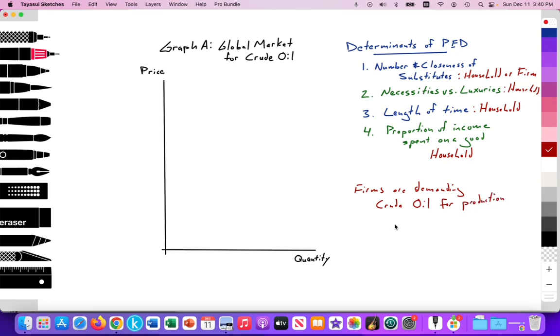So demand is driven by firms for crude oil as an input. And that demand is being driven by oil refining companies.